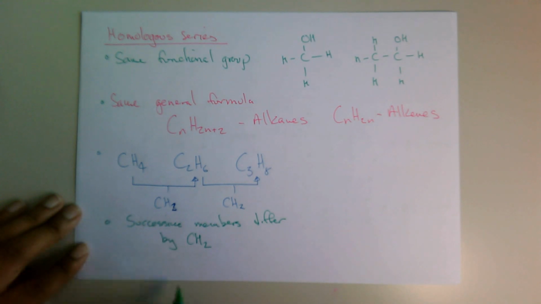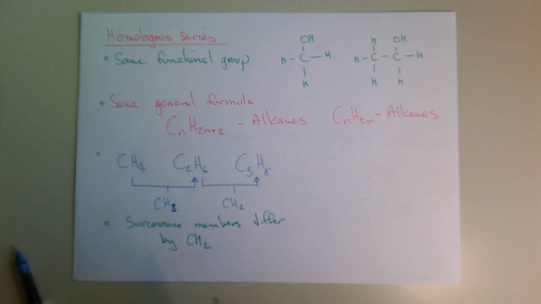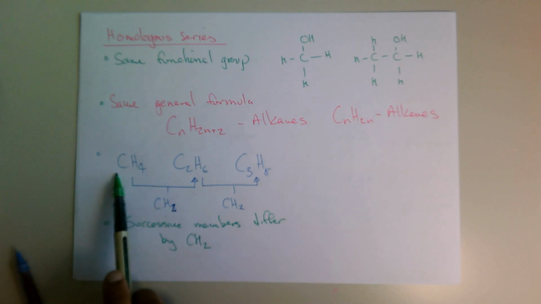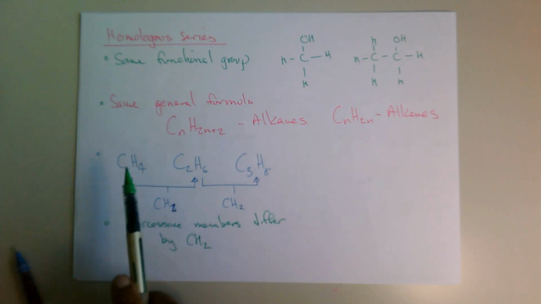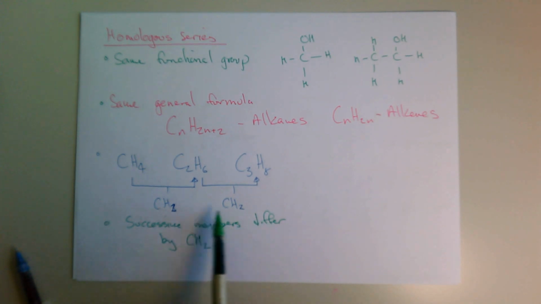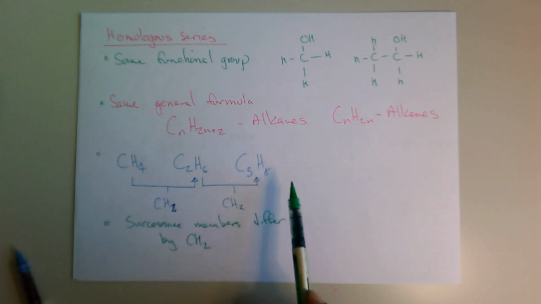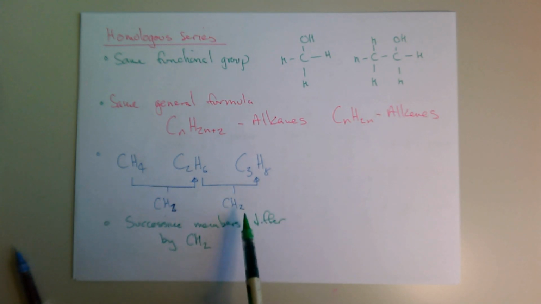So that's the last thing that makes two or more substances in the same homologous series, is when you line them up in order, the successive members will be different from the previous one by CH2. So that's what makes them part of the same homologous series.